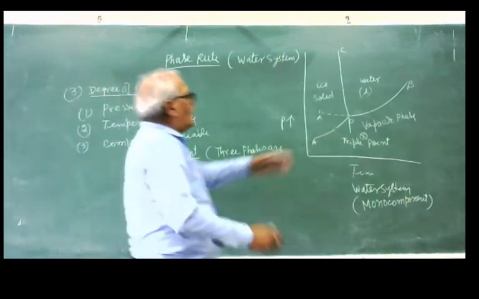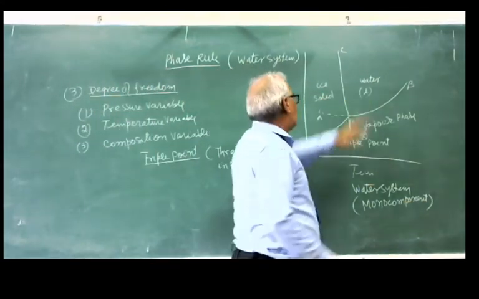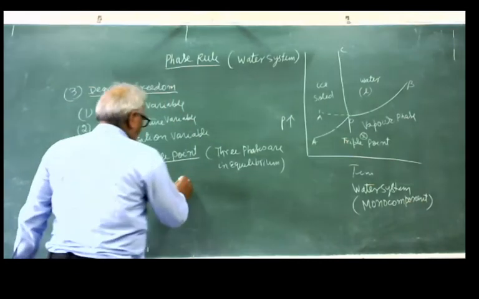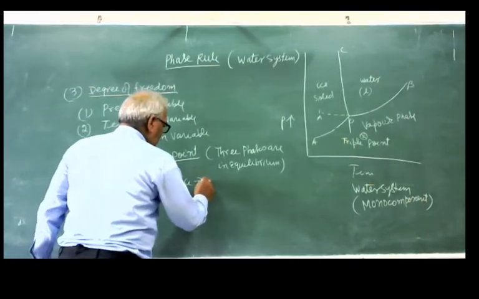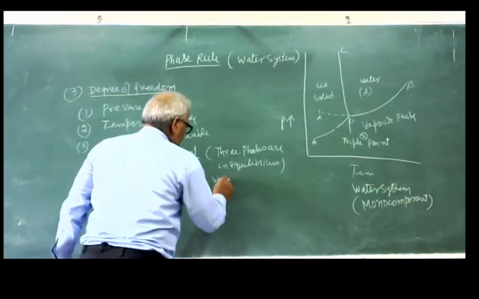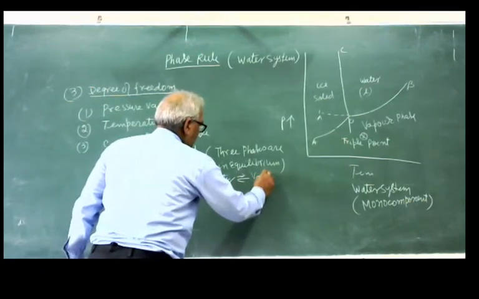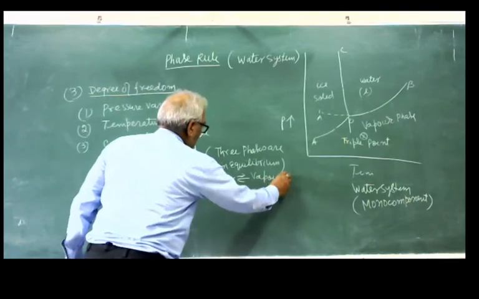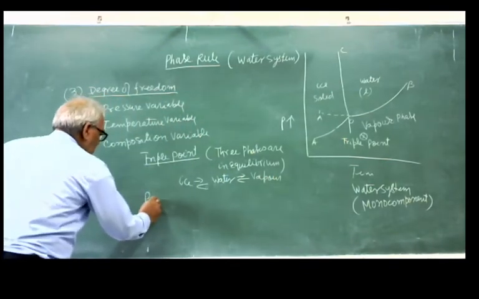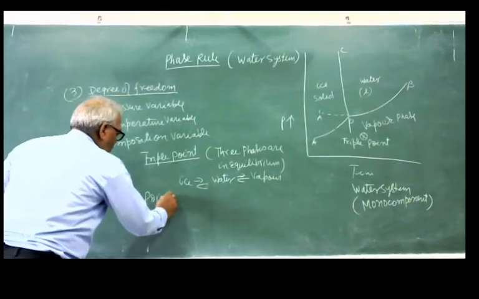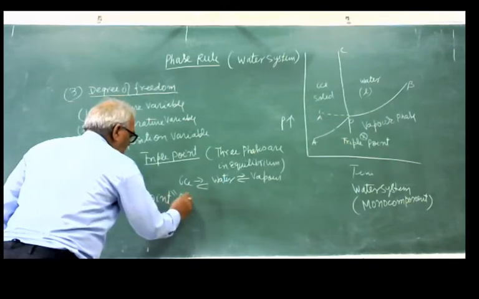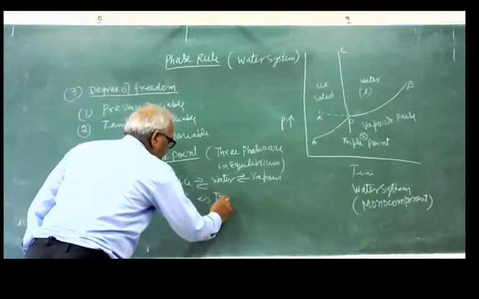Just see, solid, vapor and liquid: ice in equilibrium with water, in equilibrium with vapor. So point O is the triple point.